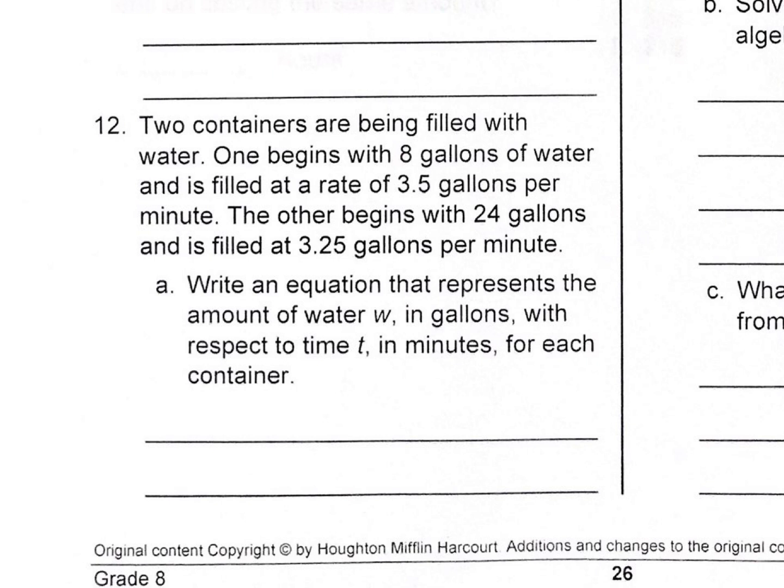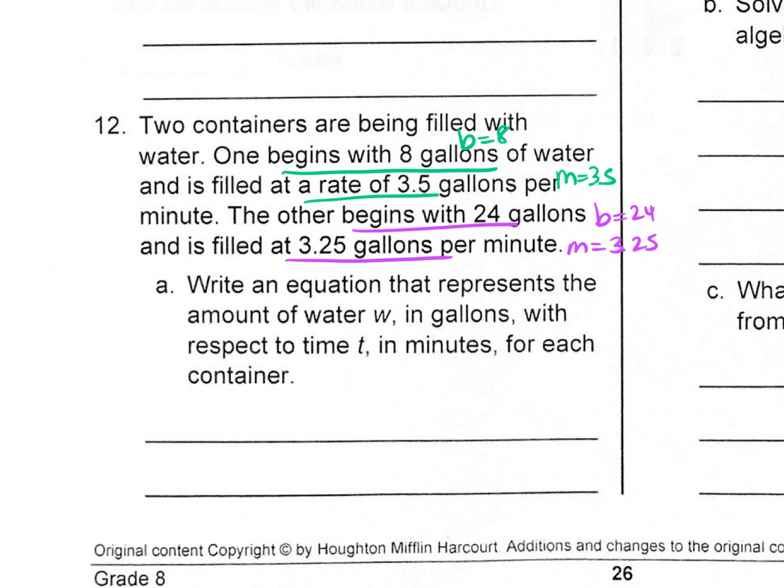Well, I noticed really quick that there's 2 different sets of information here. It tells me what one begins with, so B is 8, and the filled at a rate, so M is 3.5. And the other begins B at 24, and it's filled at a rate of M 3.25 gallons per minute.